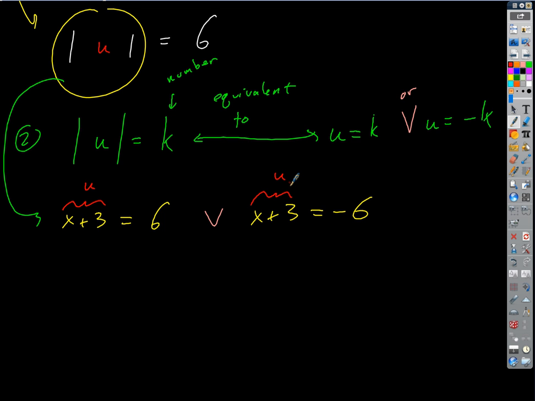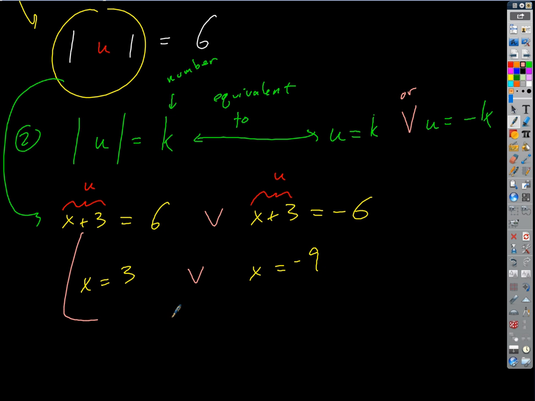And then we just solve, right? From there, it's easy. What's the one step I have to do to isolate x in both cases? Subtract 3. So either I'm going to get x equals 3 or x equals negative 9.